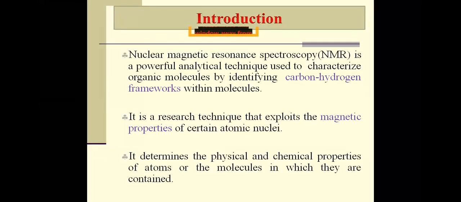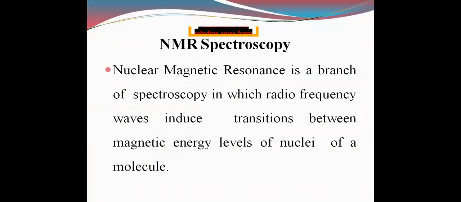We had discussed that NMR is an instrumental technique basically used to characterize and identify the carbon-hydrogen skeleton or framework present in the structure of a molecule. So by NMR we can ascertain the type as well as the position of the hydrogen and carbon, and it functions based on the magnetic property of atomic nuclei.